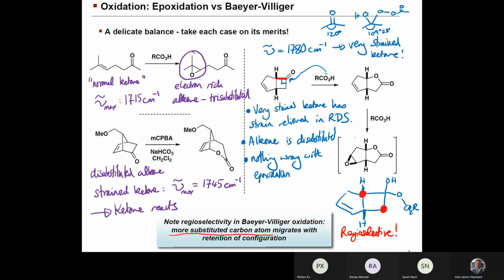Talking about the Baeyer-Villiger oxidation gives me thoughts towards something that is slightly related to this kind of compound, and this is the alpha effect.